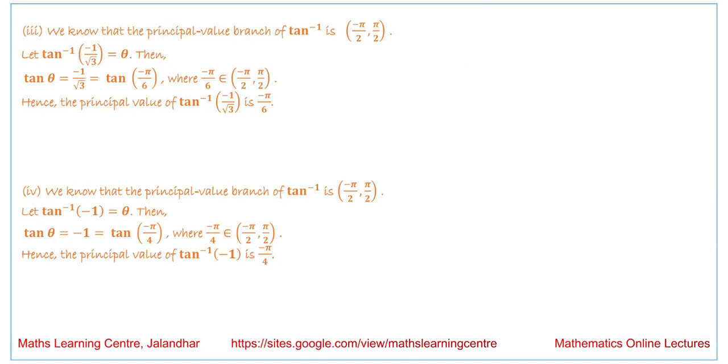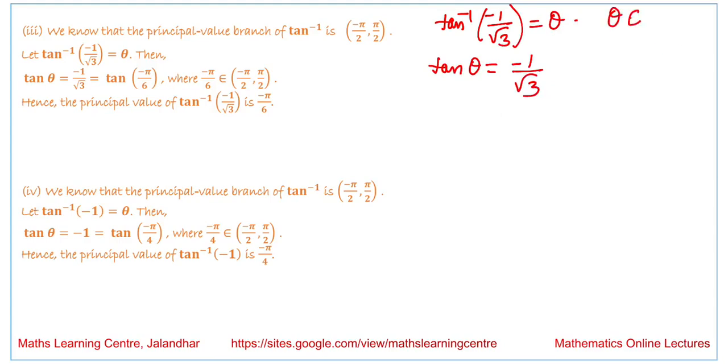Next, we have to calculate the value of tan inverse of minus 1 by square root 3, and let this value be equal to theta. So we are calculating the value of theta for which tan theta is minus 1 by square root of 3, and this theta should belong to the open interval minus pi by 2 to pi by 2.